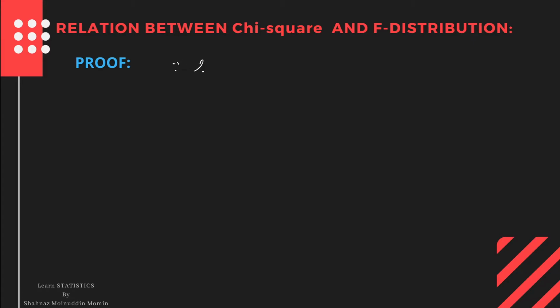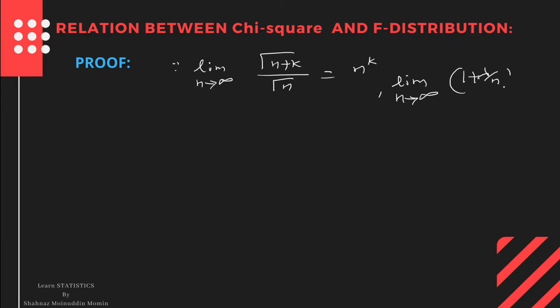We know that limit n tends to infinity of gamma(n plus k) divided by gamma(n) is equal to n raised to k, and limit n tends to infinity of (1 plus lambda by n) raised to n is equal to e raised to lambda.